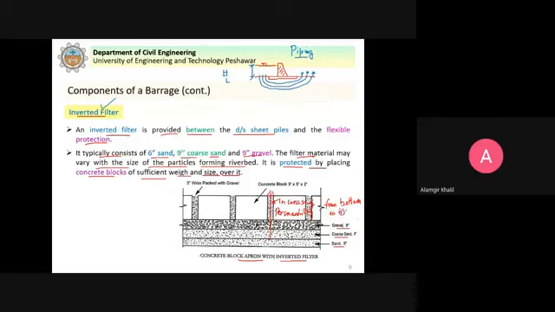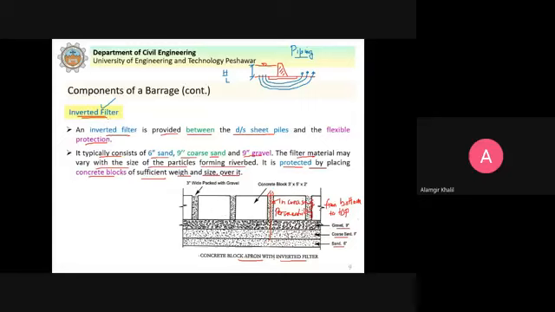So what will happen is that the soil particle cannot move up, while the water will move, because we have increasing permeability from bottom to top. This is how this inverted filter is provided for protection.